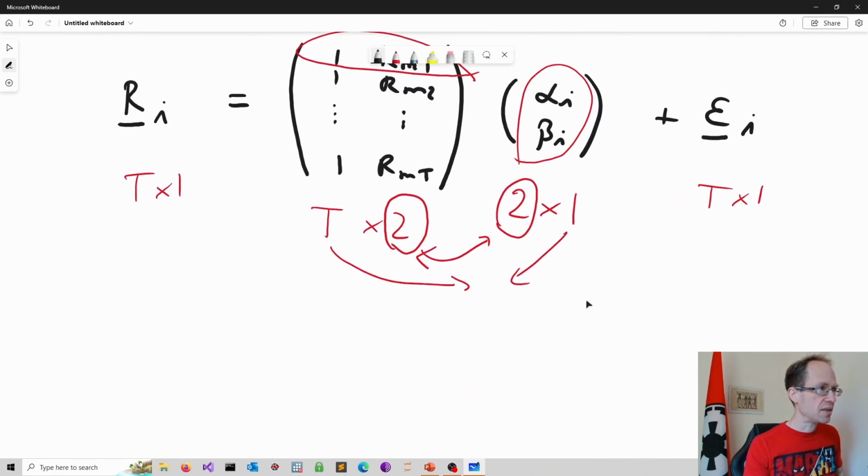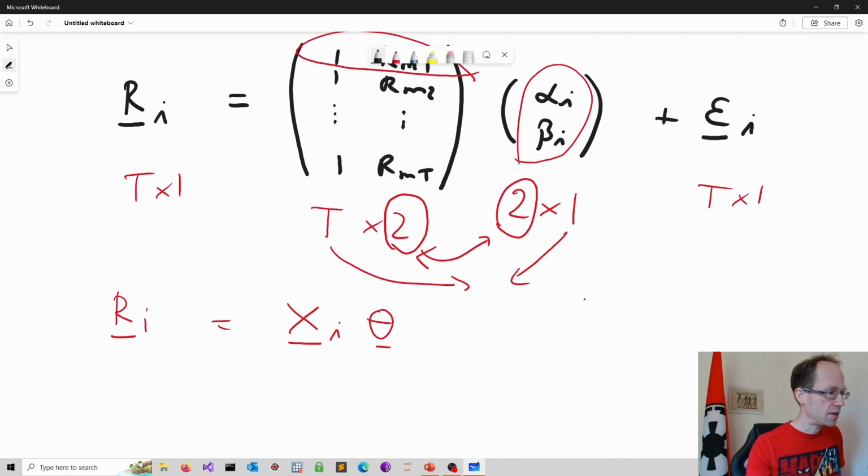So the last step is we simplify this notation wise. So I end up with my Ri vector is equal to, now I use the X vector, so this is my data matrix, this is a very, very common notation, times theta vector i, where the theta vector exactly stands for my alpha i, beta i. So this is basically my parameter vector plus the error term.